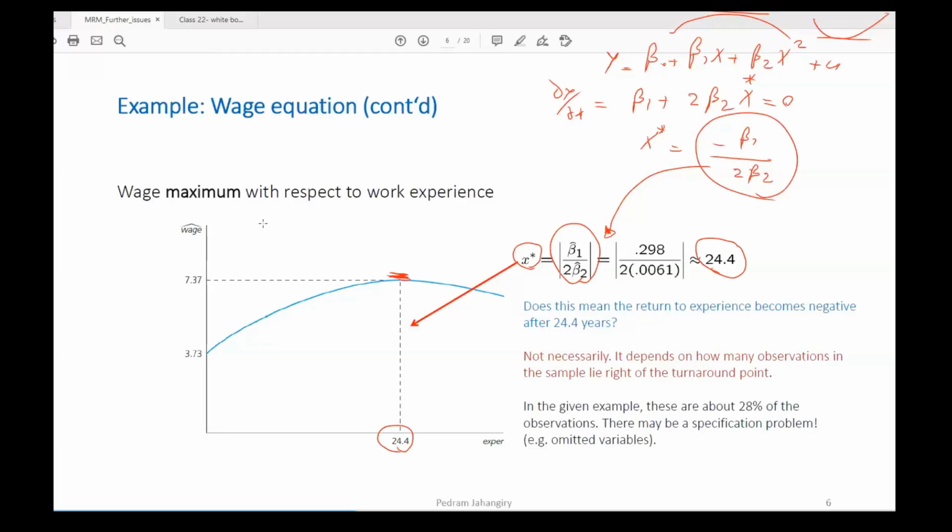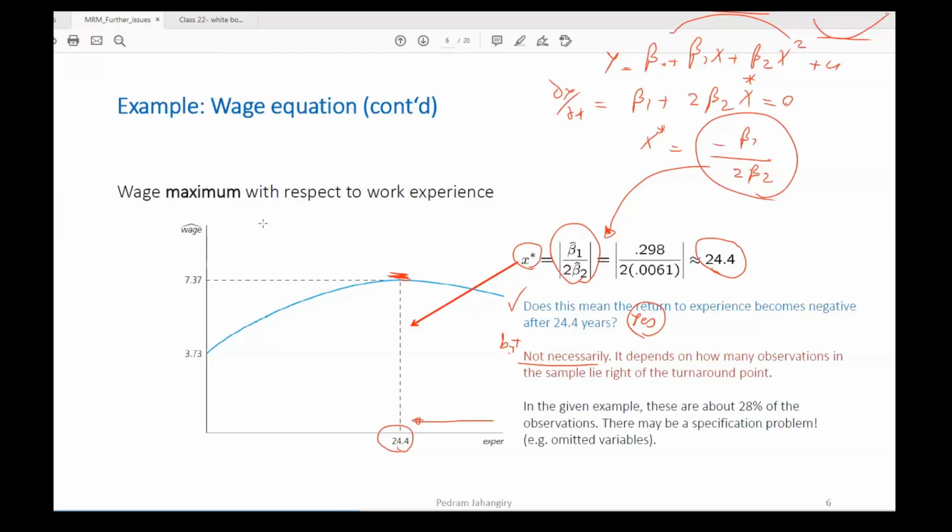Okay. And now let's see, what do we have? Does this mean the return to experience becomes negative after 24 years? The answer is yes. But not necessarily. It depends on how many observations in the sample lie right at that turnaround point, right?